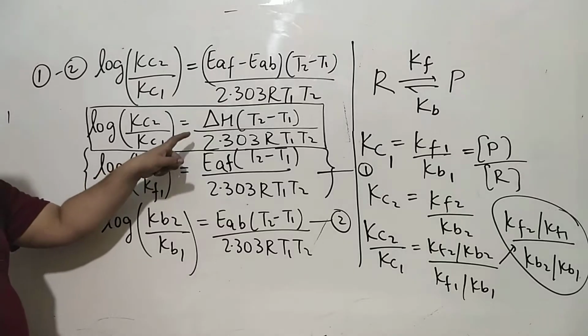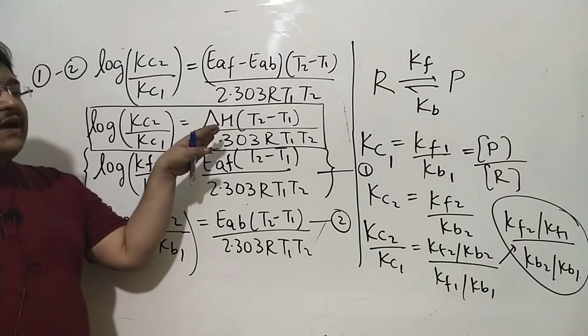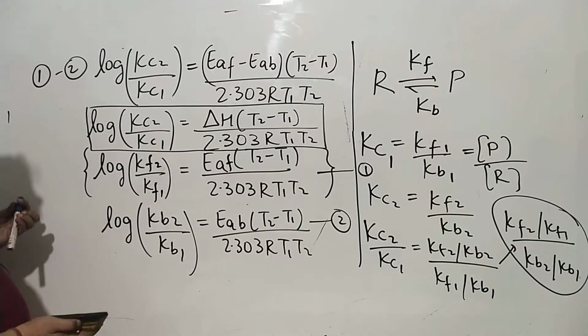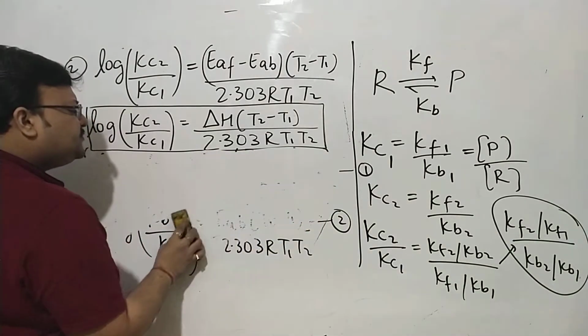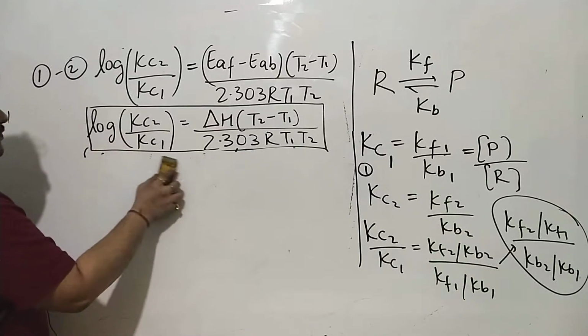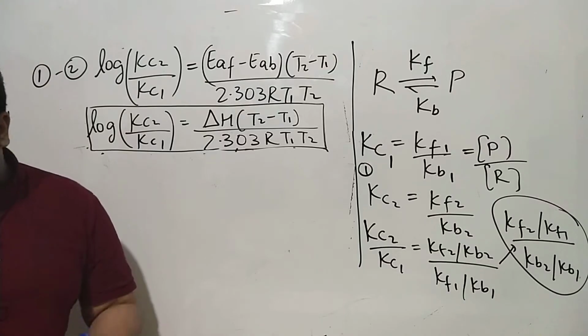I'll quickly brief you about delta H. First of all, delta H is called the enthalpy change of a process. You will know this term enthalpy more clearly in thermodynamics.